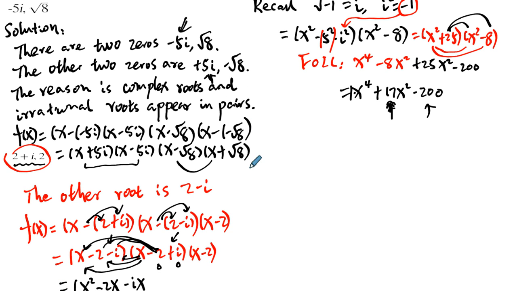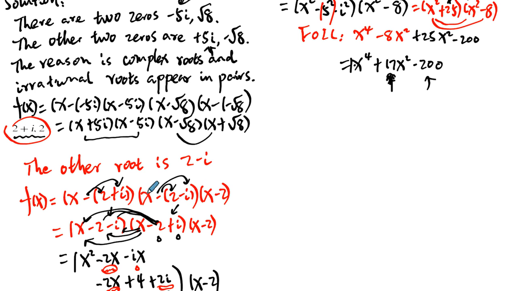Now the second one. Second one is 2 plus I is one root, another is 2. Again, the other root should be 2 minus I, since we have a 2 plus I here. Again, it's because complex roots appear in pairs. Okay, then we should have x minus 2 plus I, and then x minus 2 minus I. And then 2 is the root, so x minus 2.